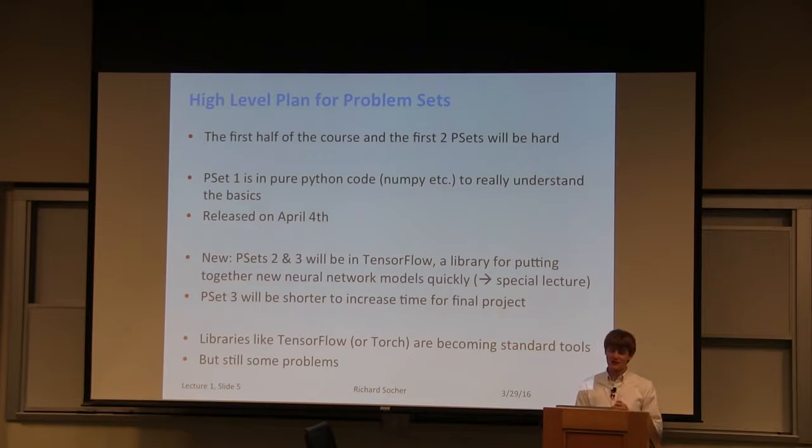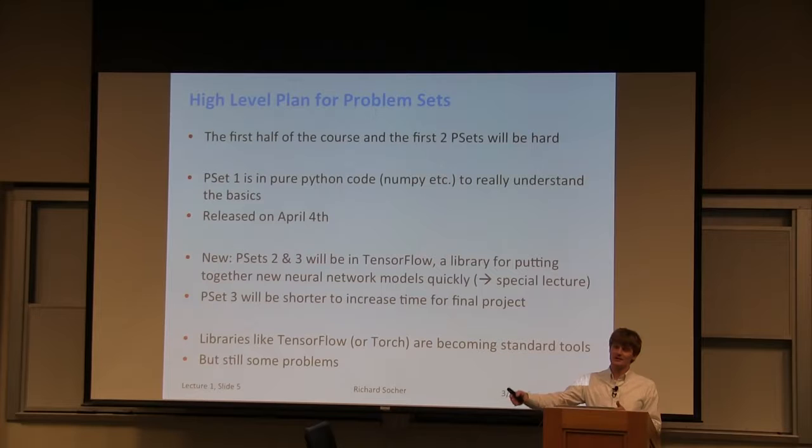Cool. All right, so I want to give you a very high-level plan and overview of the problem sets, because they're going to be a major piece of the class. If I look at the class material the way we had it last year, the first half of the class will be quite hard, because you have to learn everything from scratch, and we'll make the first problem set in pure, raw Python, just to make sure you really understand all the basics and mechanics.